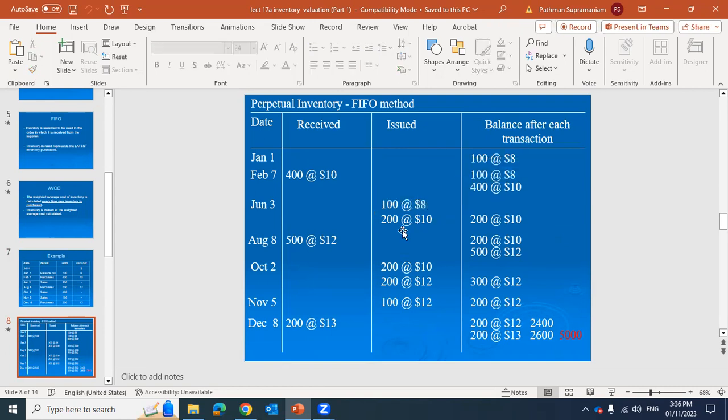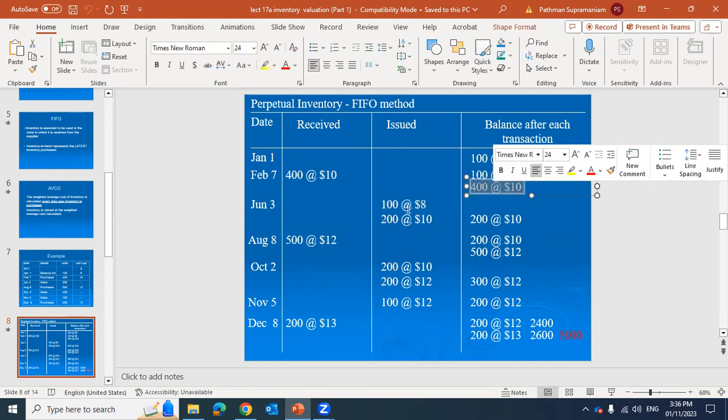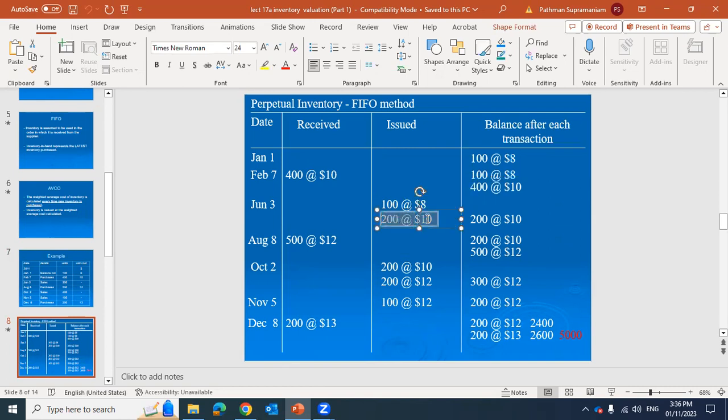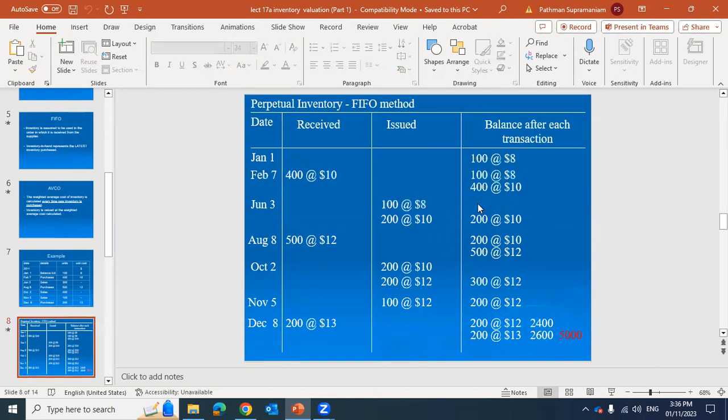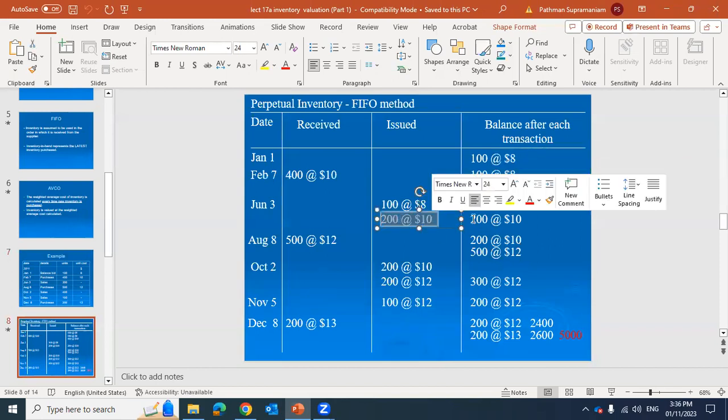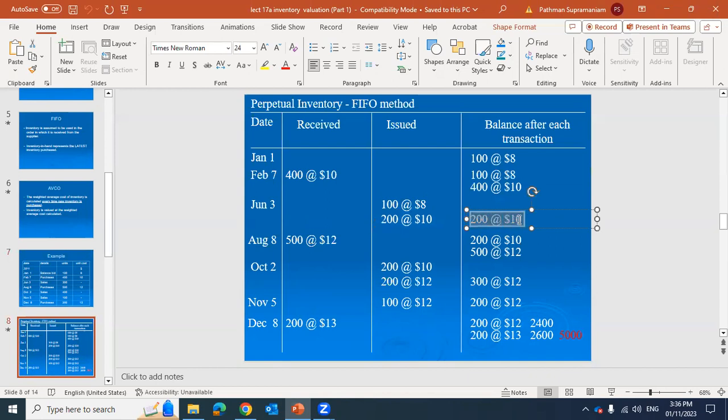And another 200 from this 400. So we take out 200. Upon doing this, 100 units at 8 minus 100 units at 8, there will be nothing left behind. That's why you see a blank space here. Whereas 400 units at 10 minus 200 units at 10, we still have a balance of 200 units at $10.